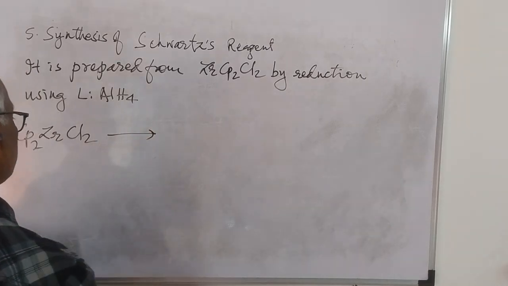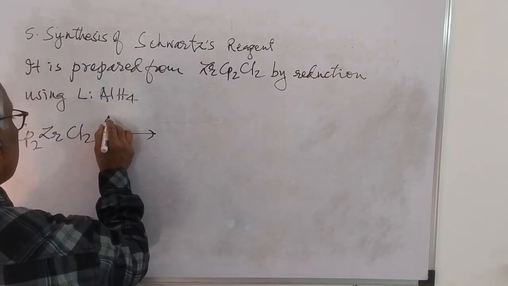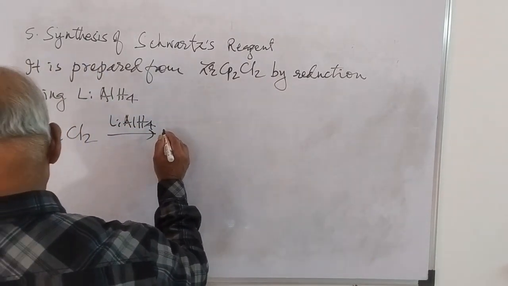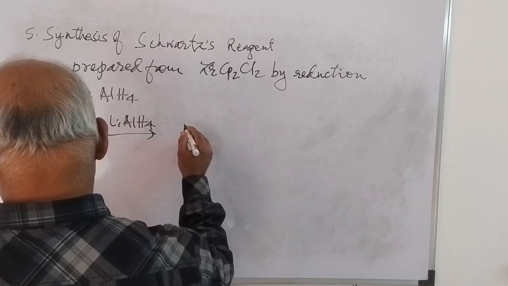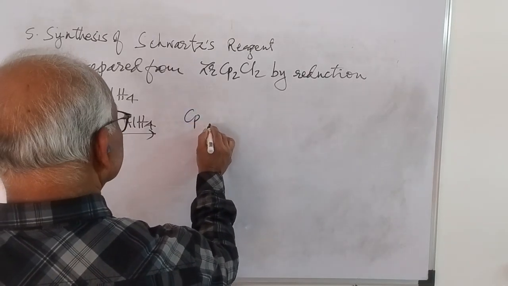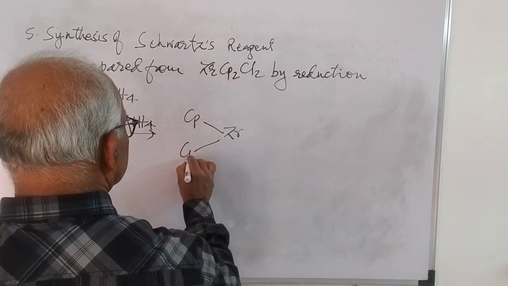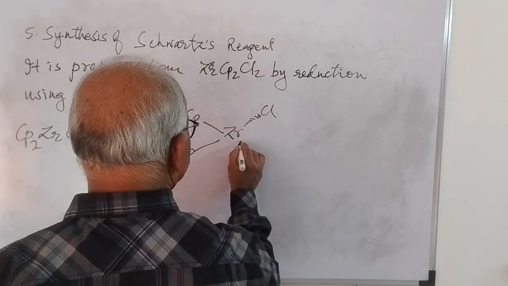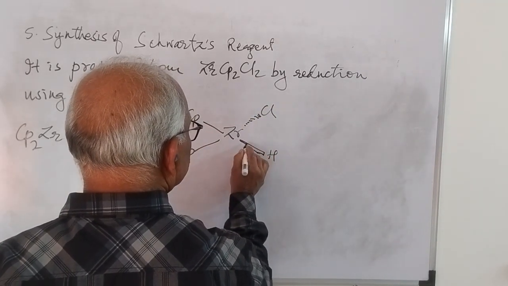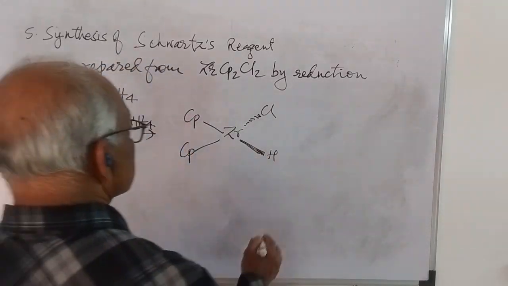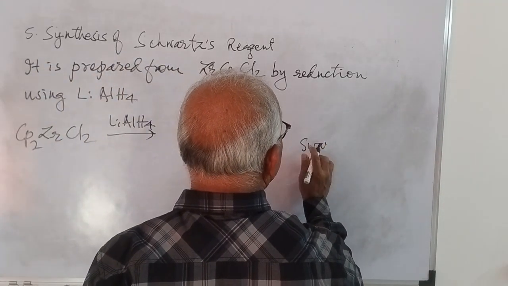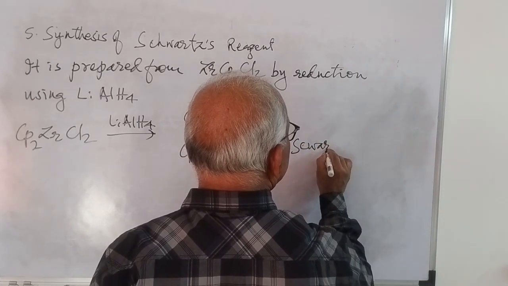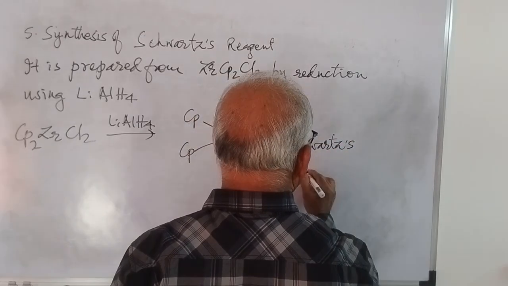When it is reduced by lithium aluminium hydride, it gives the product Cp2Zr(Cl)H. So this is our Schwartz reagent.